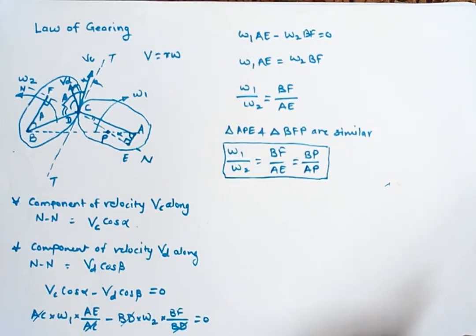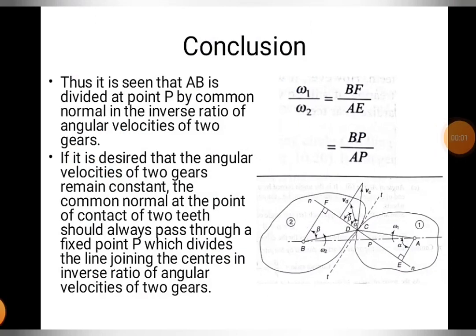So we will see what we can conclude from this. Now we know that omega 1 upon omega 2 is equal to BP upon AP.